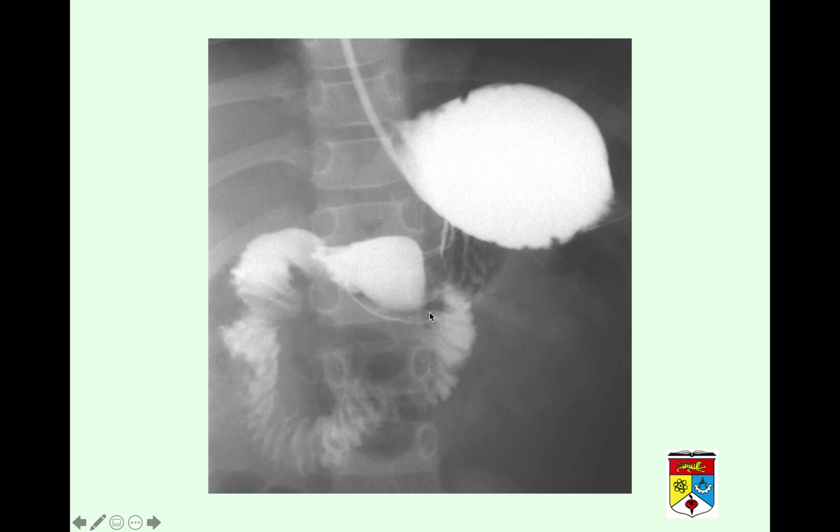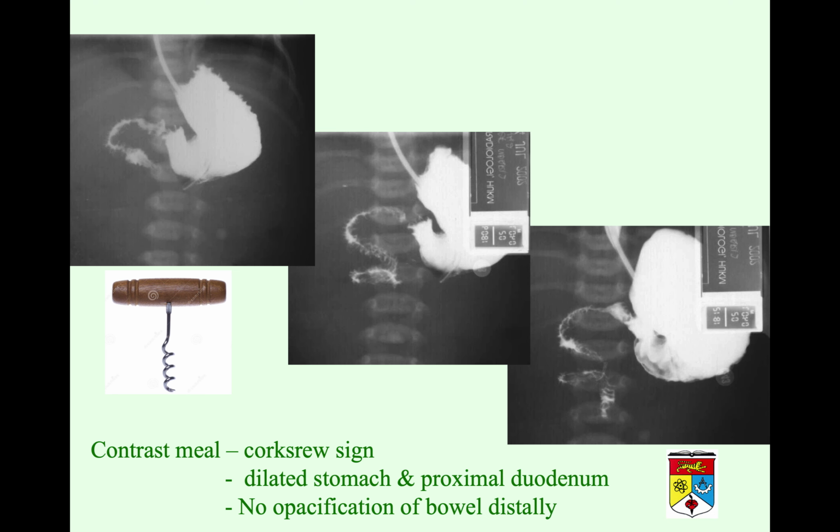So the midgut rotation solely depends on the axis of the SMA. If that is not normal, the appearance does not present, like in this case. You will see the stomach and then the duodenum, but the D3 does not cross the midline to the DJ junction, and instead it gives rise to a corkscrew appearance, right?